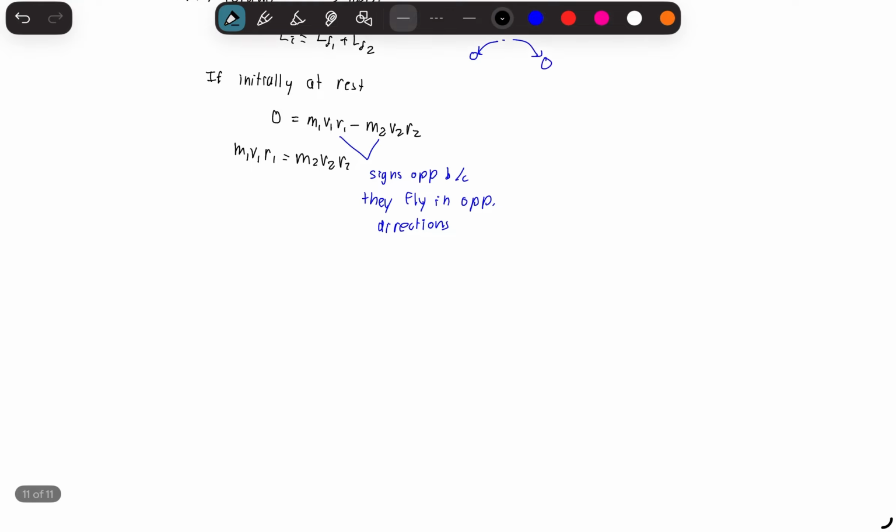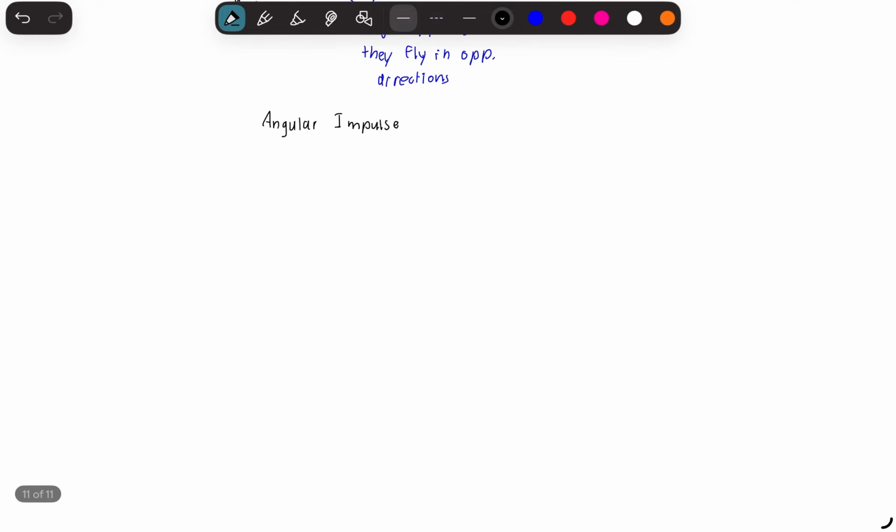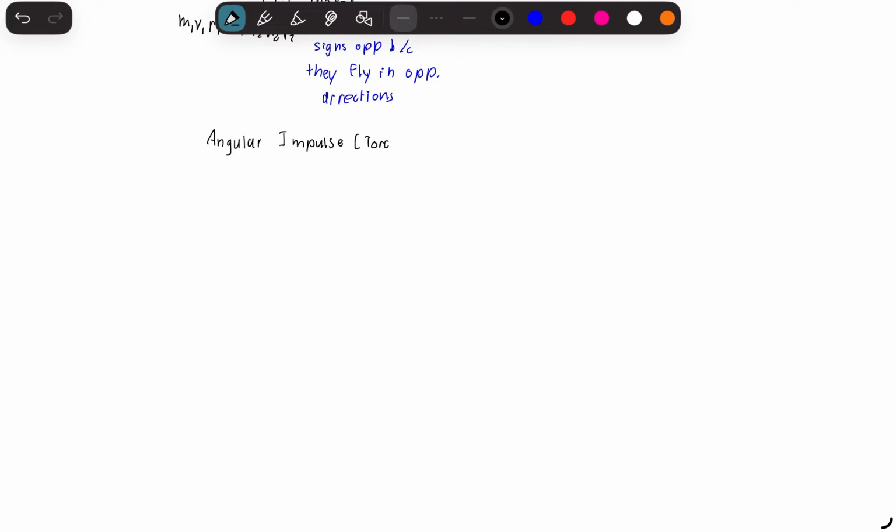Now, what about angular impulse? This is torque applied for time. When do we see this? We see this when you have a rotational collision. Also, when you have a torque versus time graph.